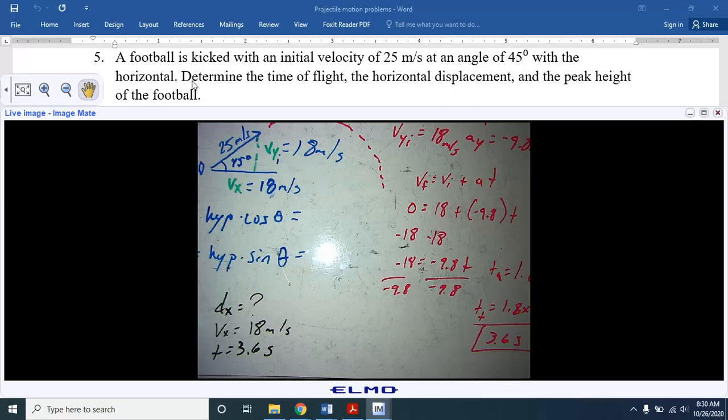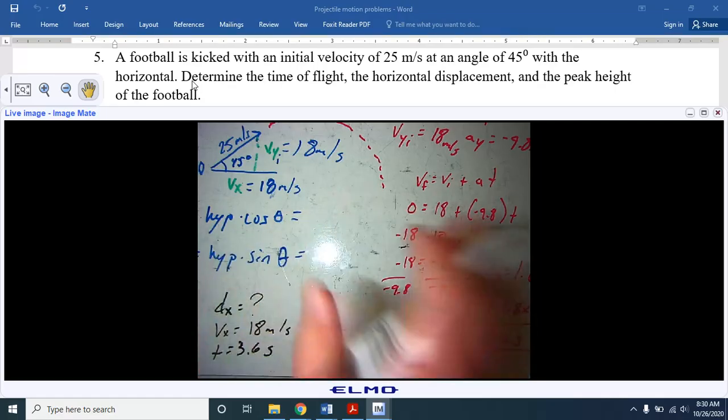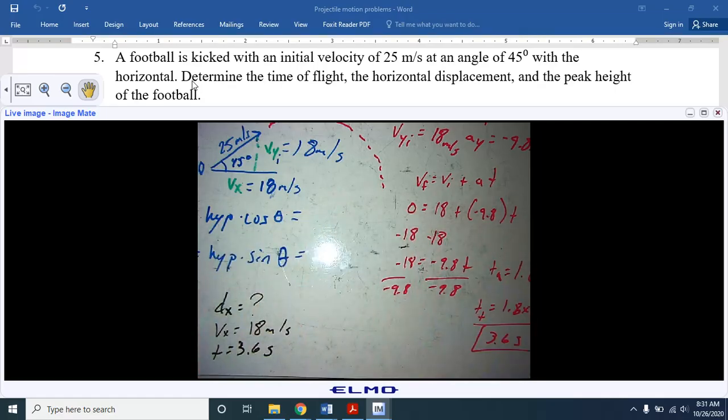So I've got all the information I need. I do not have an acceleration in the x direction. I only have an acceleration in the y direction. We've defined this before. We said vx is constant. So I'm back to using this same equation we've used in the past.